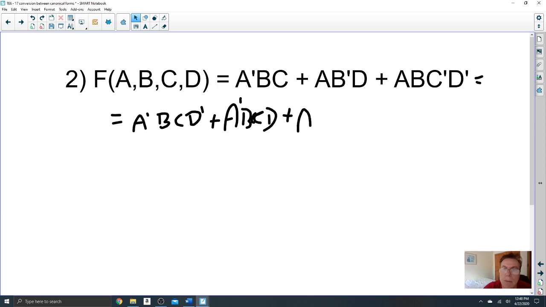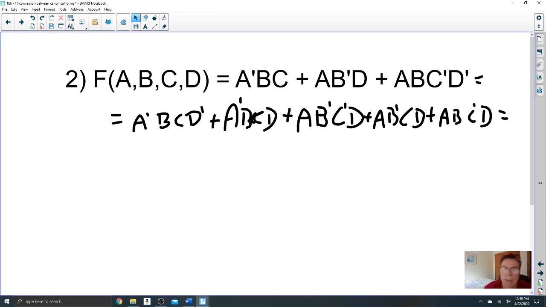That will give me two terms: a b prime c prime d plus a b prime c d. And I'm going to copy the last term, a b c prime d. So I have 1, 2, 3, 4, 5 terms.